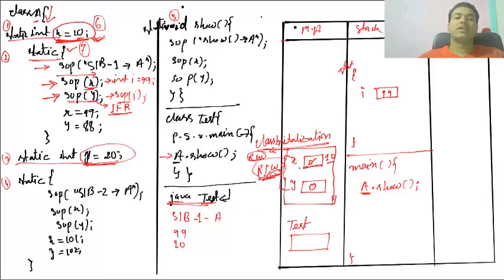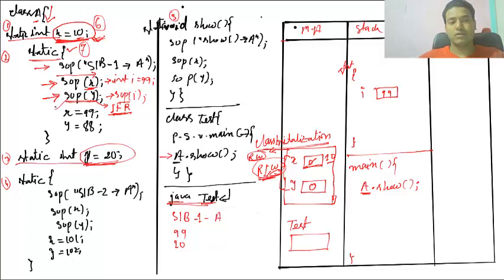So in that case you cannot read it. If you try to read that variable, it gives an illegal forward reference. But at that time what you can do directly is write a value into it. This variable can be written, but it cannot be read. So this statement gives an illegal forward reference.